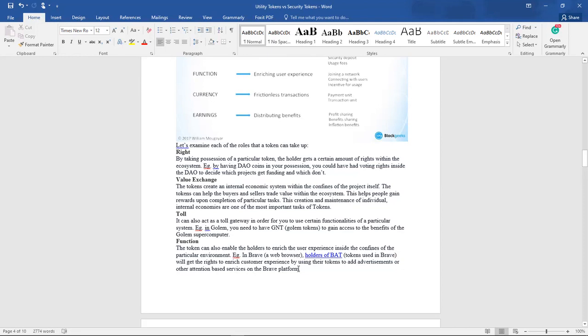So for the Brave browser, you can actually tip the writers of a particular blog if they have created their blog in a way that they can accept tipping. You can also, after watching an advertisement, get incentives, and you get paid.